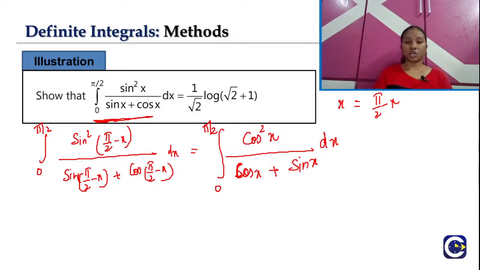Yes or no? So by looking at these two expressions, can you think of how to proceed further?